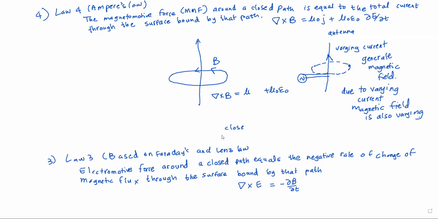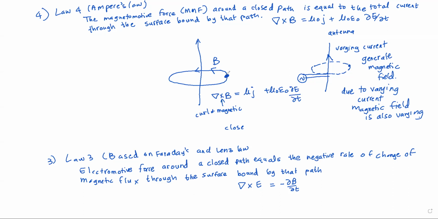So we are considering unit points. At one unit area, the curl of the magnetic field that is generated is equal to the amount of charge density and the rate of change of electric field that is occurring, right?